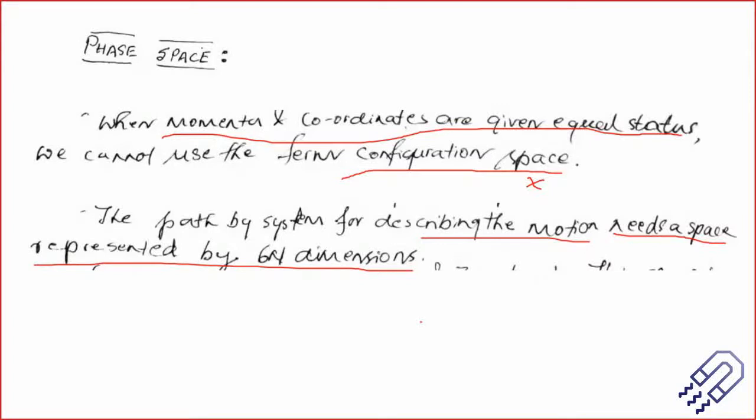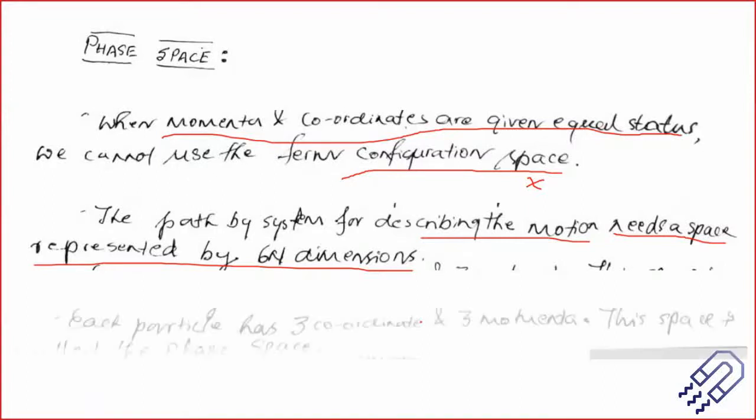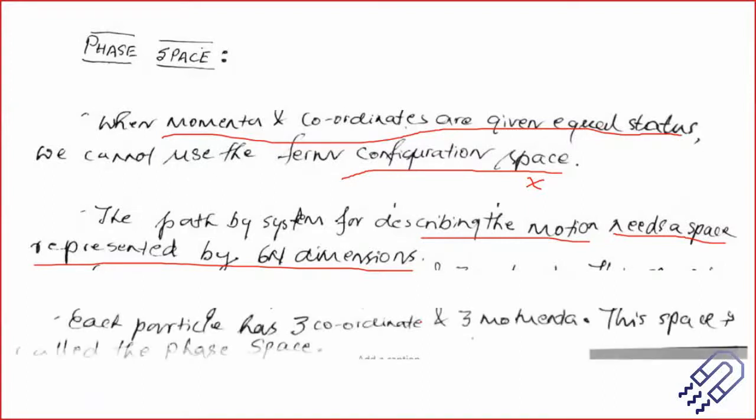If there are n particles, it will be 6n dimensions, and that is why. The concept is simple. When you read a book on classical mechanics, you have to concentrate on what is being taught, and then you will understand better. Each particle has 3 coordinates and 3 momenta.